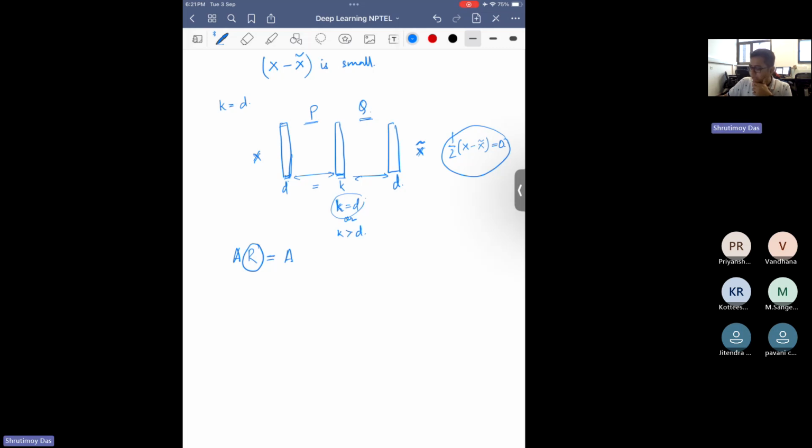You can type it in the chat even if it is wrong. This is a very simple question. If we're not talking about matrices, you have some number, say 5, and I multiply it by something and I get back 5. What is this something?